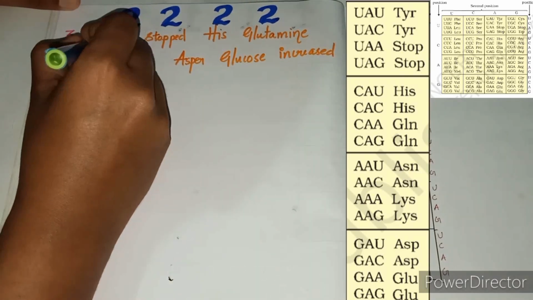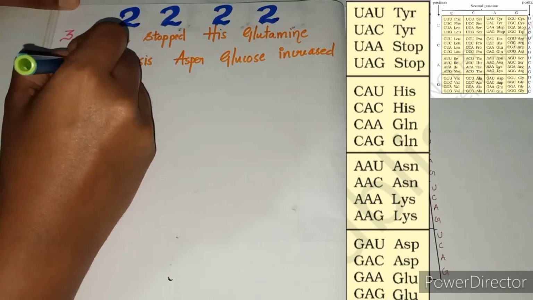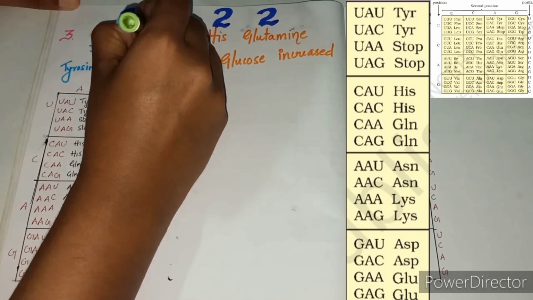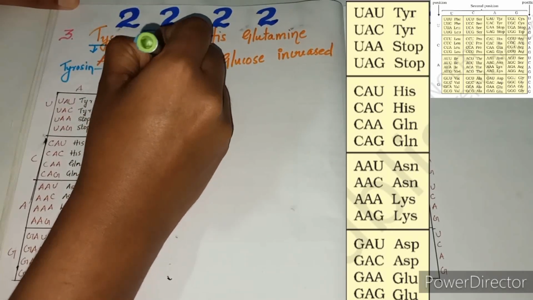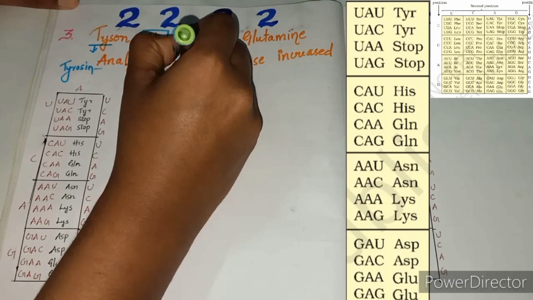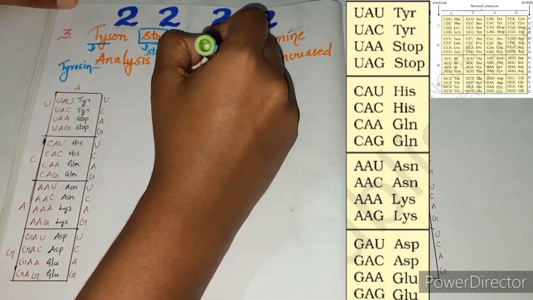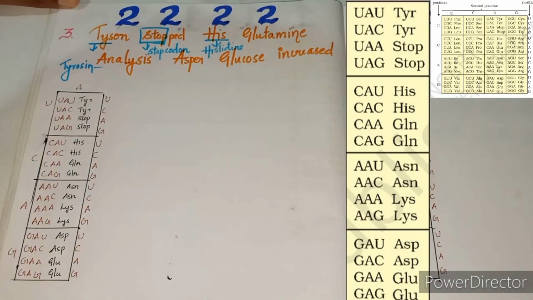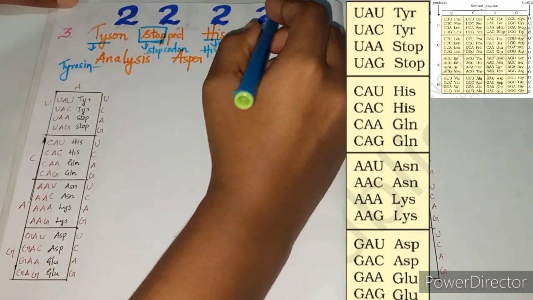Here TY stands for tyrosine. Stop in stopped is a stop codon. And here it is histidine. Glutamine simply codes for glutamine.